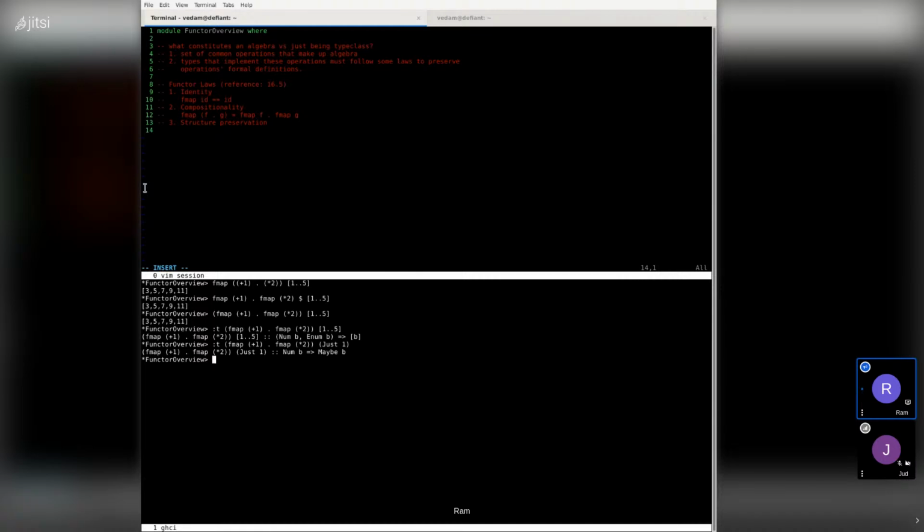We'll see examples when we go through the functor examples where this can break down and where it cannot. But first, let's go back to the functor definition here and talk about it just a little bit.